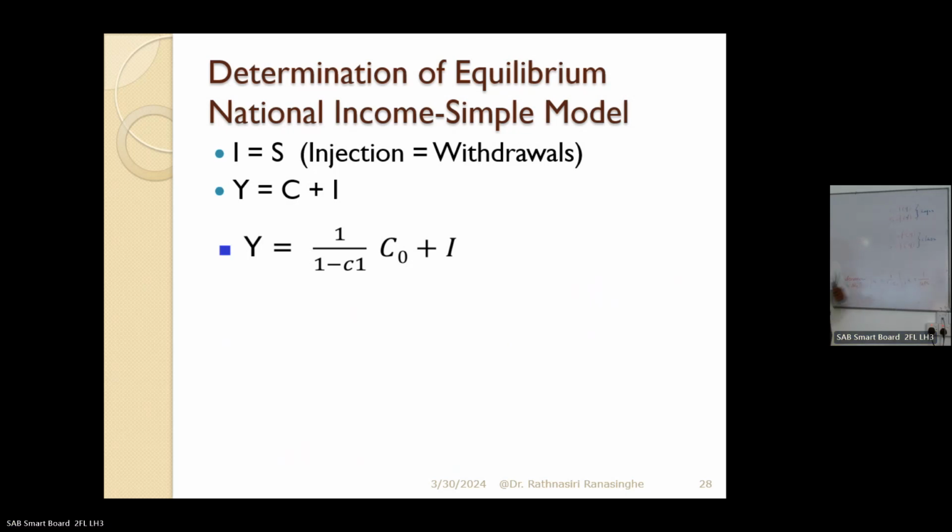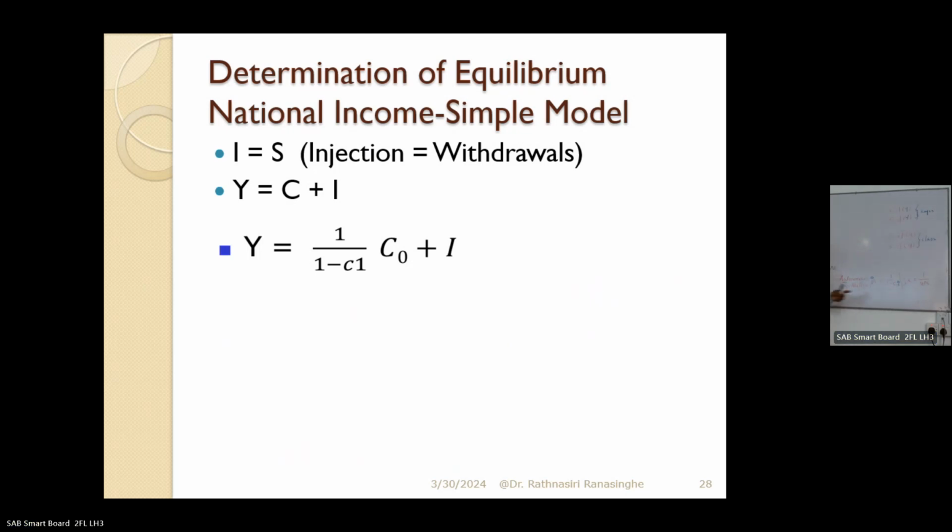So C1 determines the value. When C1 is rising, what happens? This part becomes lower, and the multiplier increases. So there's a positive relationship.